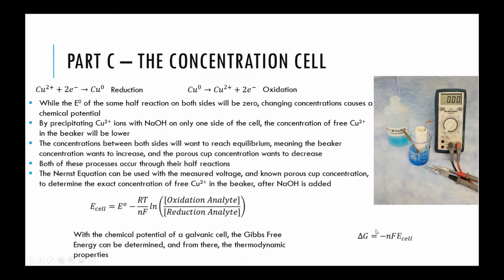The Gibbs free energy of this chemical reaction is equal to the negative n, the number of electrons being transferred, times Faraday's constant, times the chemical potential of the cell. And with Gibbs free energy, you can then determine the other thermodynamic properties of enthalpy and entropy.